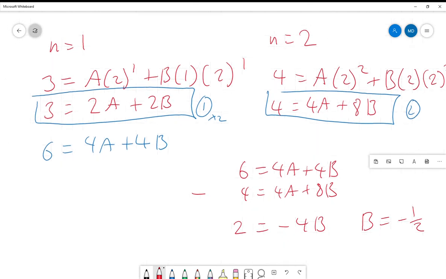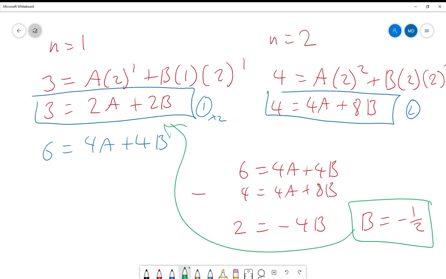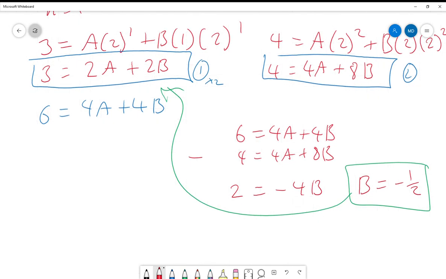Substituting that back into this original equation here, we end up with 3 equal to 2a. 2 times negative 1/2 is minus 1, so 2a equals 4 and a equals 2. And so that gives us our final solution.